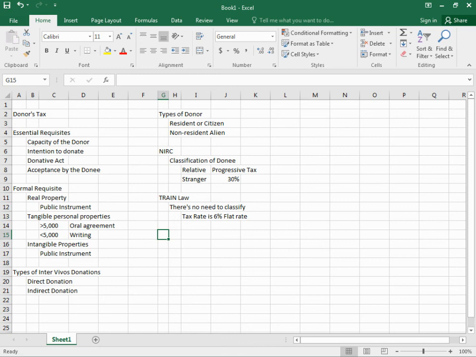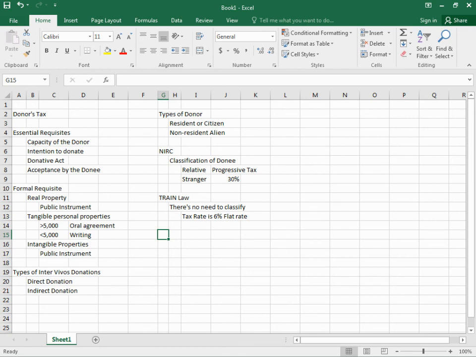Okay, so pag transfer to government for public use, it will not be a taxable donation. Next, donation to accredited non-profit institutions. Non-profit institutions, syempre non-profit na nga, tataxan mo pa. Anyway, ayan, for yung mga accredited non-profit institution, yung donations will not be a taxable donation.